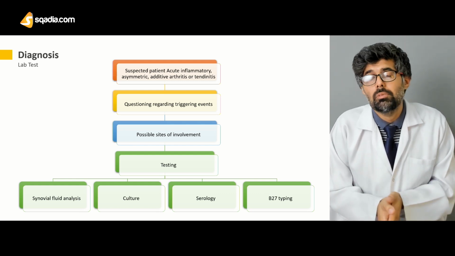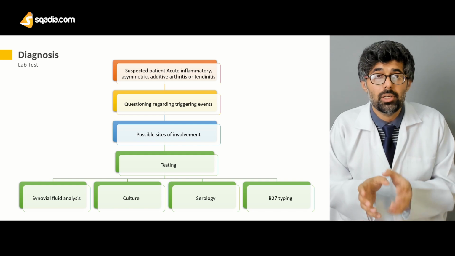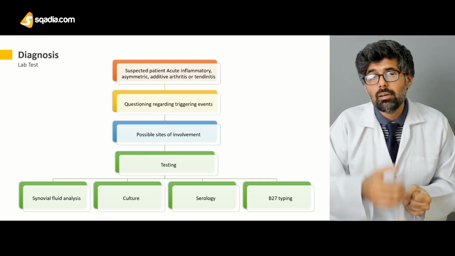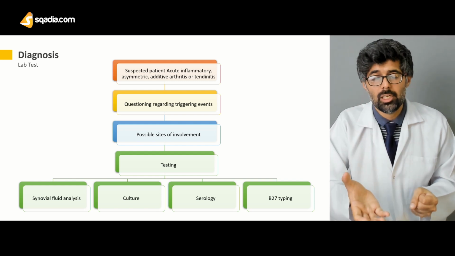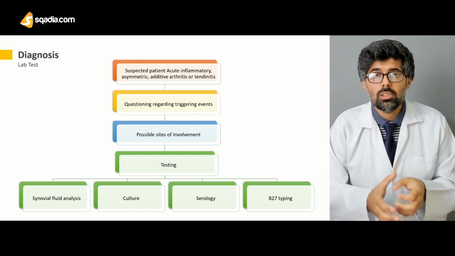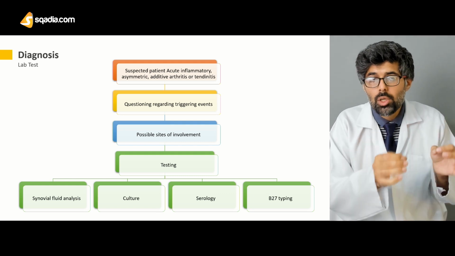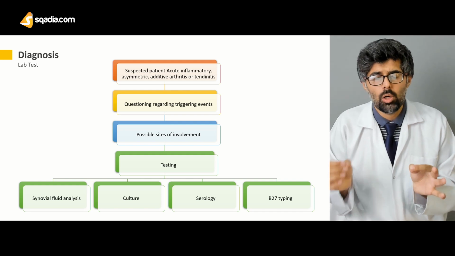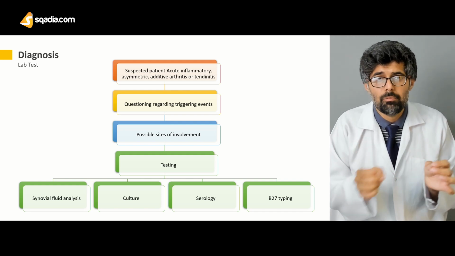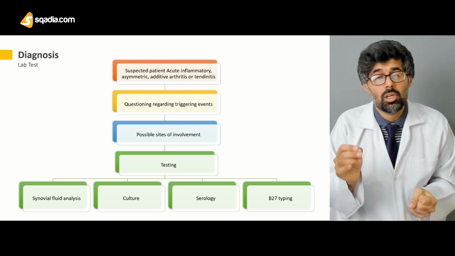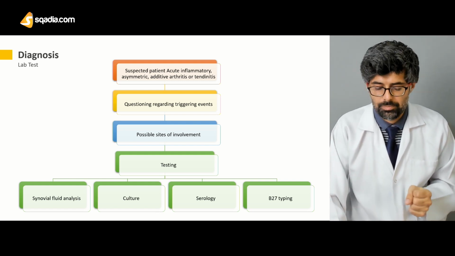So B27 typing is also carried out, because it has a very high diagnostic predictive value. But you need to know that only up to 70% of the patients can have B27 in their system. So this is again not a definitive test.